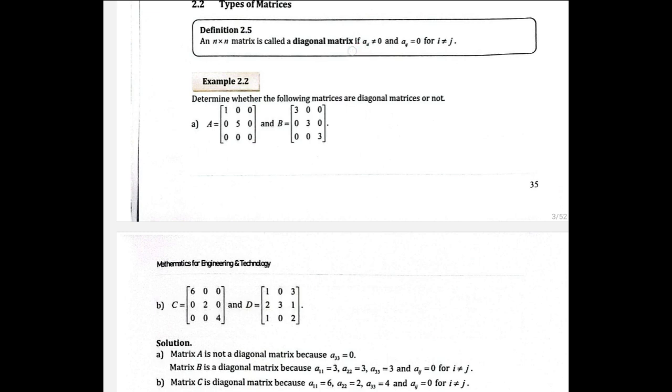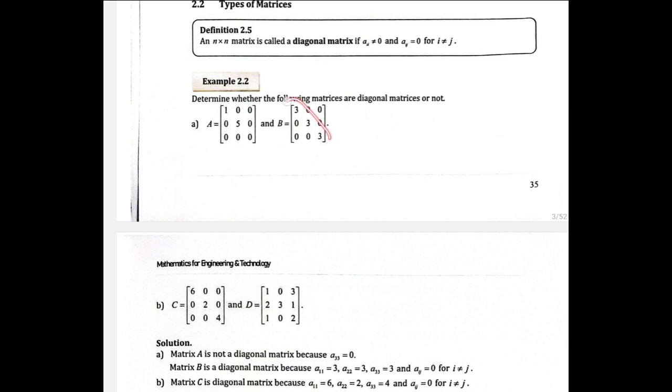First, we have a diagonal matrix. A diagonal matrix is a square matrix where all elements outside the main diagonal are zero.